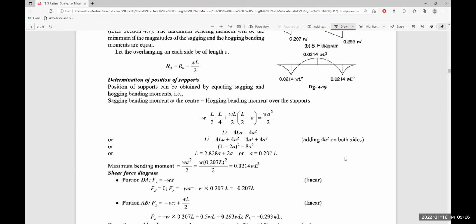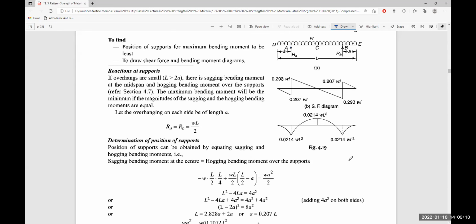So the sagging bending moment at the center, if you take a section here at the center, is wL by 2 multiplied by the distance L by 2 minus a. Here, wL by 2 is the load from half of the length, and the half of the portion from here to here is L by 2, so its center of action is at L by 4.